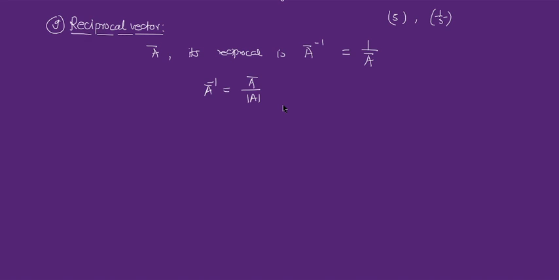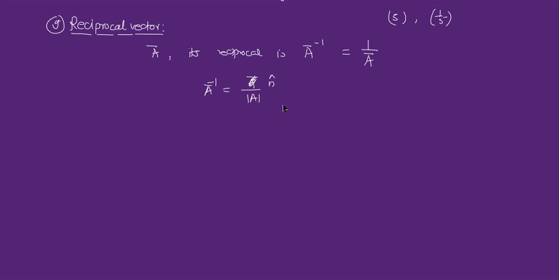Now here you will find that this a bar and its magnitude can be written in terms of e cap, its unit vector, so this is n cap, because that shows you the direction, whereas modulus a bar is its magnitude.